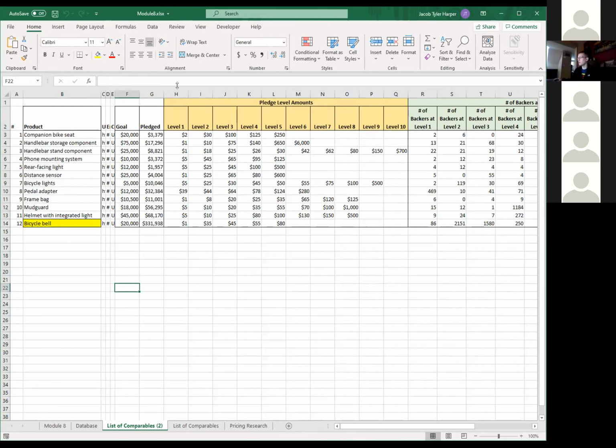Okay, so what's going on this page? It's talking about something called pledge levels here. Basically, when people start a Kickstarter project, they are trying to incentivize people to pledge more and more money. So let's say we're singling out this Bicycle Bell product.